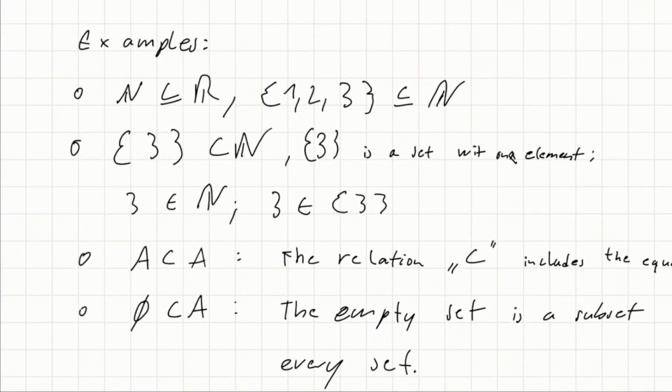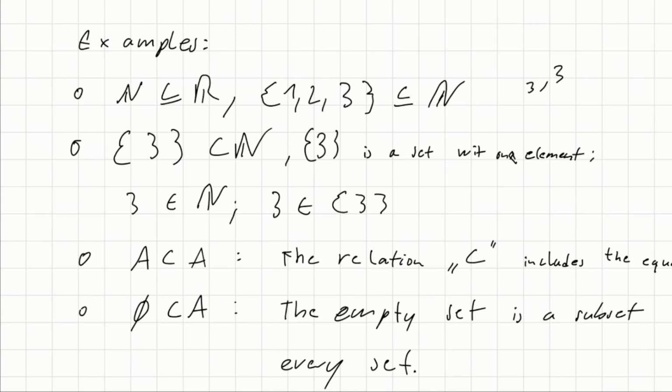Let's try to understand those relations with some examples. We know the set of all natural numbers is actually a subset of all real numbers. I mean, all natural numbers are 1, 2, 3, and so on, and all real numbers include 1, 2, 3, and so on, and more.